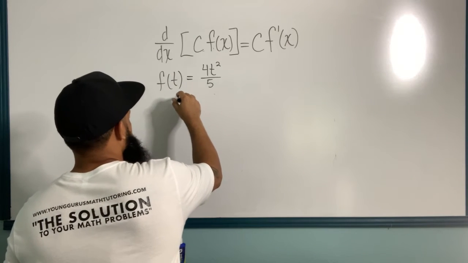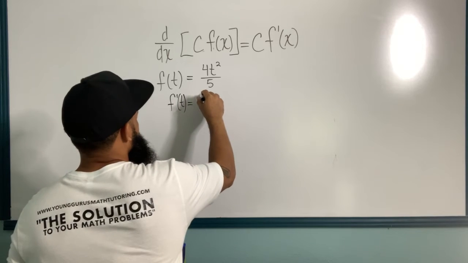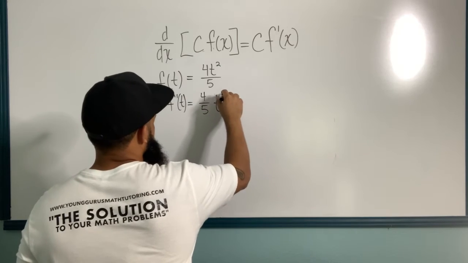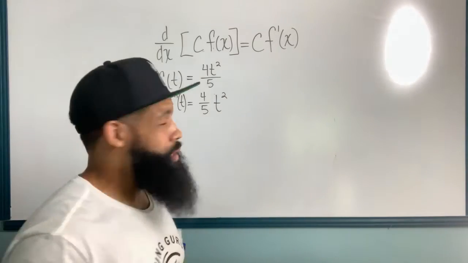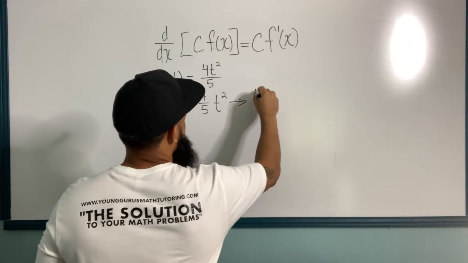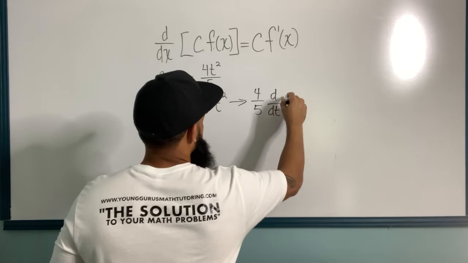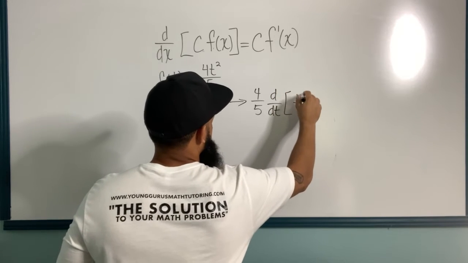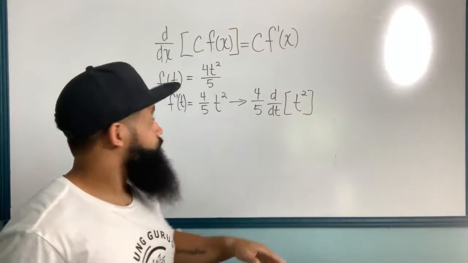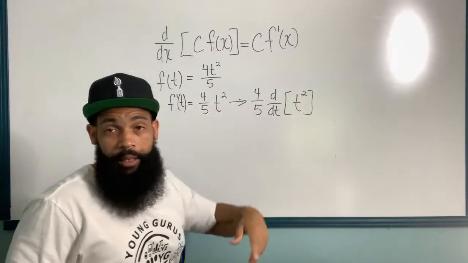So f prime of t is equal to 4/5 times the derivative, so d/dt of t to the second power. All right, so all I did was break apart the constant, which is c from the rule, and then times the derivative of the function t squared, right?